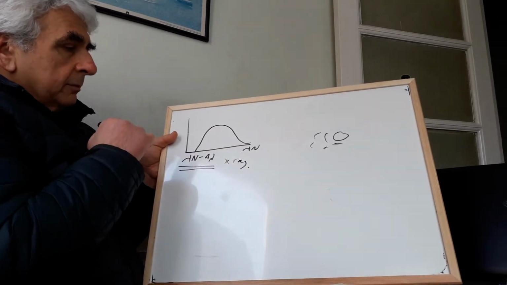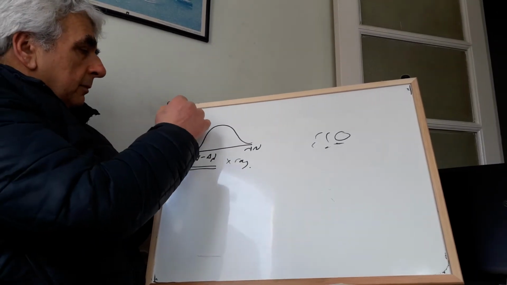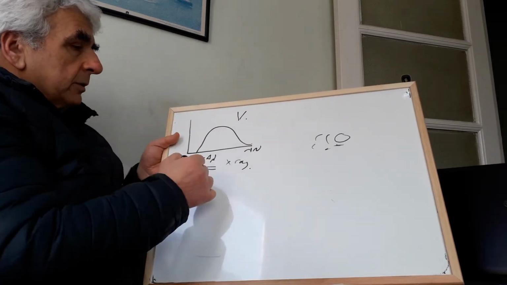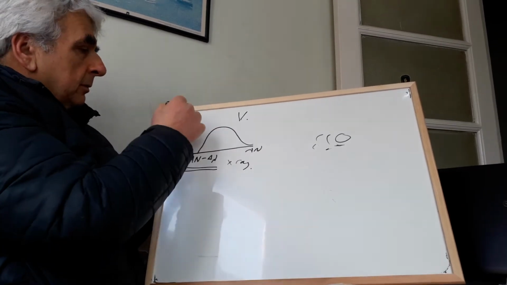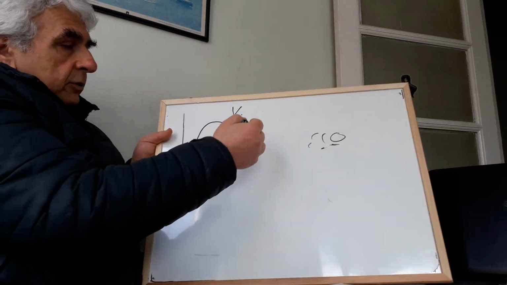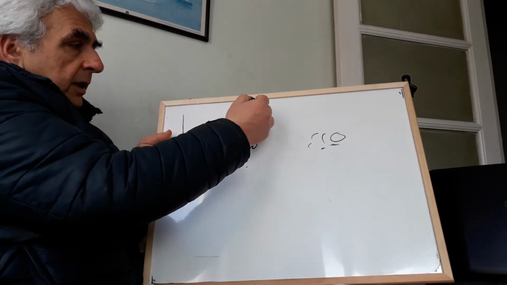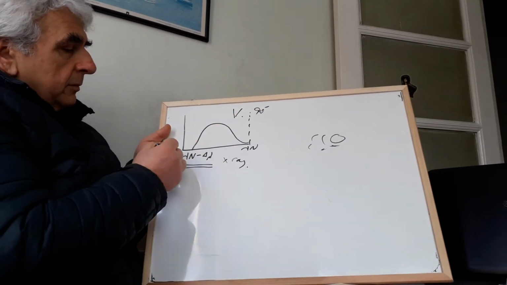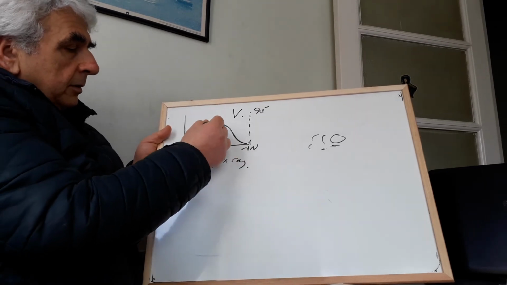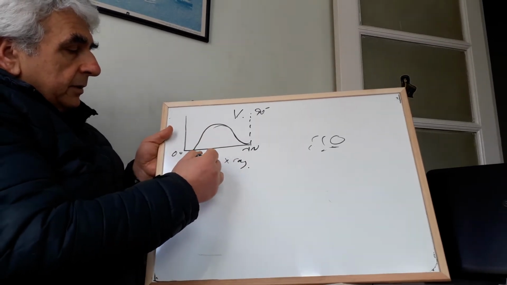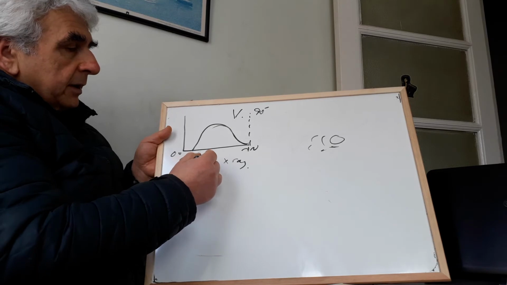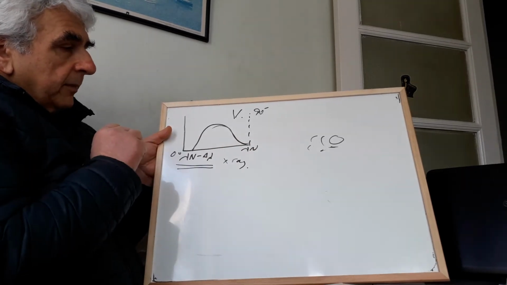Now, X-rays, applied voltage. According to my theory, 90 degree, 0 degree, and just this, lambda_n minus delta lambda_n.